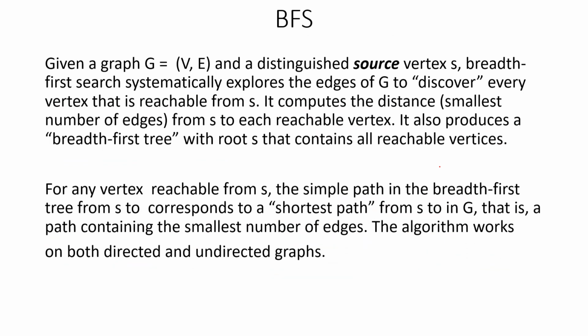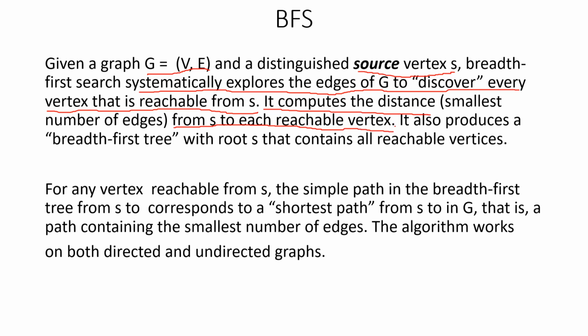So let's say that we have graph G with vertices V and edges E, and a distinguished source vertex S. BFS systematically explores the edges of G to discover every vertex that is reachable from S. It also computes the distance from S to each reachable vertex.